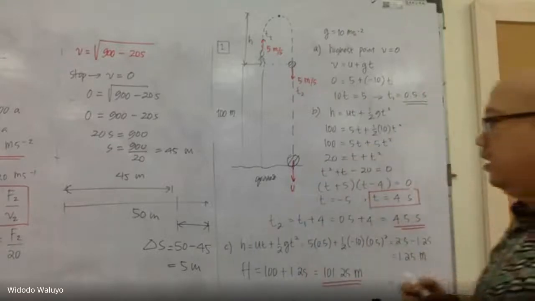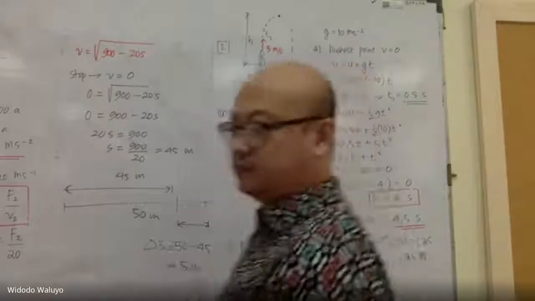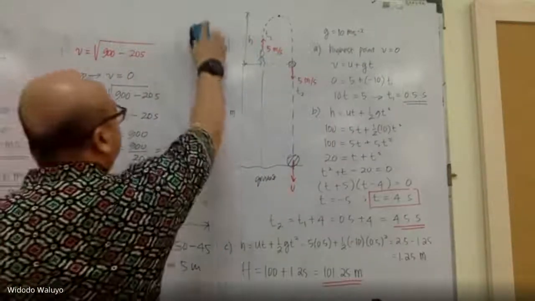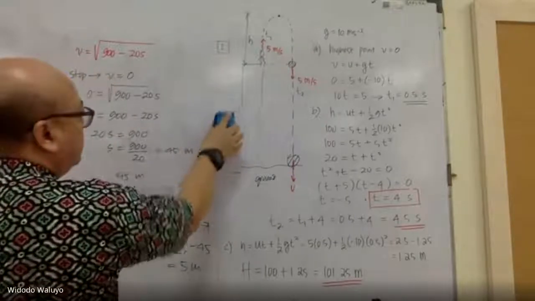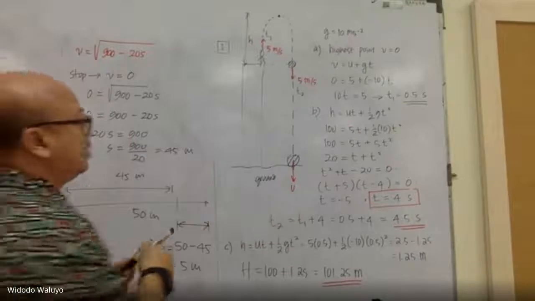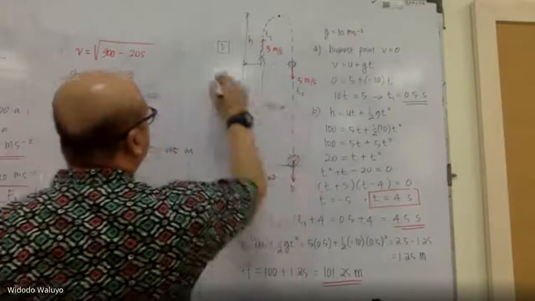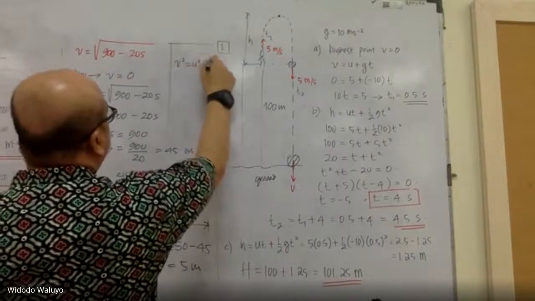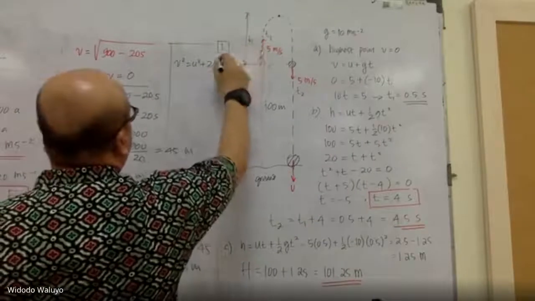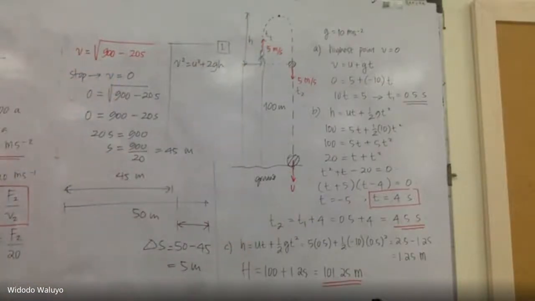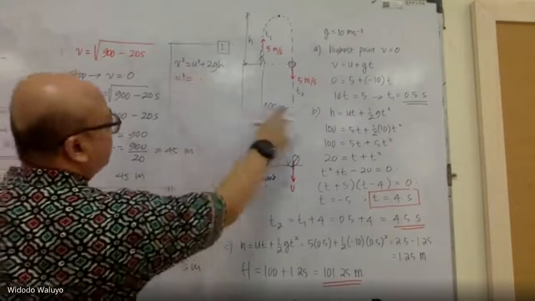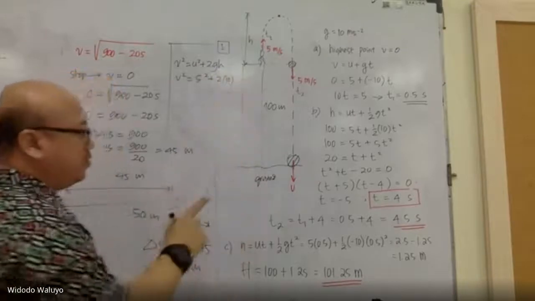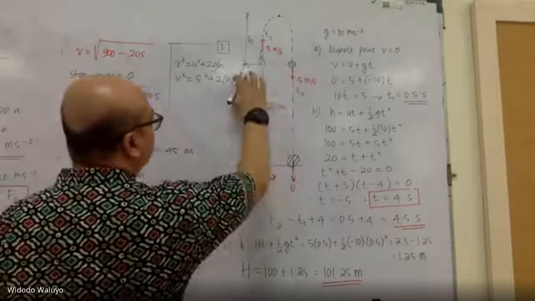I use here aja deh. Ini 100 meter. We use formula V squared equals U squared plus 2GH. V squared equals U squared, as the 5 squared, plus 2G as the 10 and then positive, and H is 100.